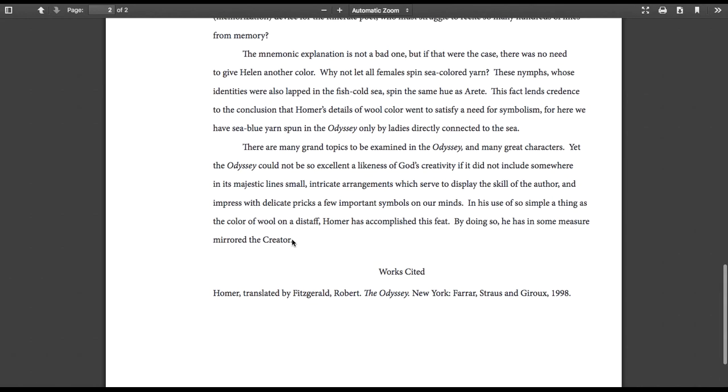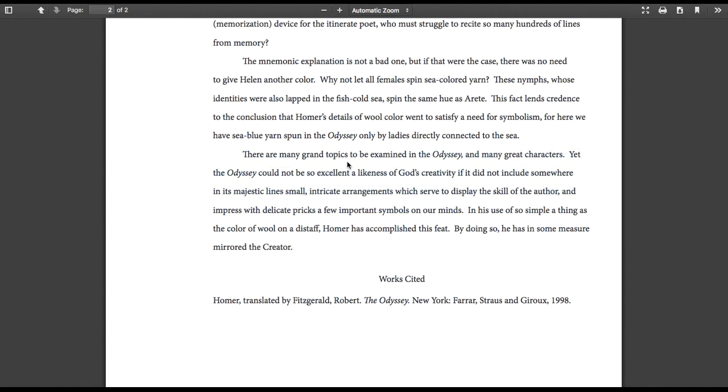So this is a broad statement. The author of this essay ends the essay with a broad statement about Homer, and restates the main argument and clarifies it for the reader, and restates the examples.